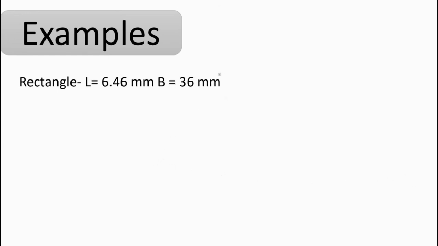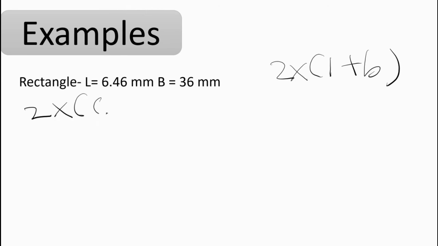So here we have length 6.46 millimeters. So here we have the unit millimeters, and breadth is 36 millimeters. Okay, so again we are going to use our formula, which is 2 into L plus B. Okay, so in this case it's going to be 2 into 6.46 plus 36.